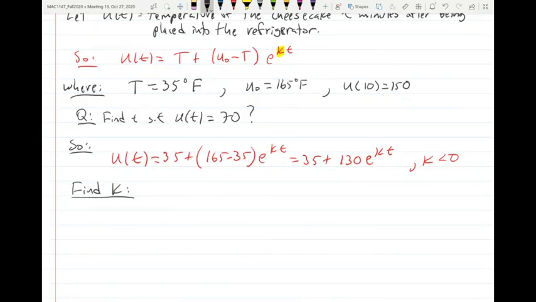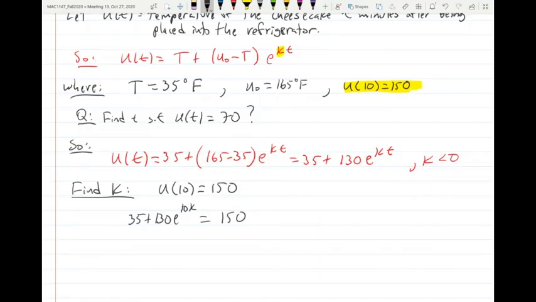To find k, we're going to use, of course, this data point, the fact that if you plug in 10, you get 150. So when t is 10, u is 150, and then we can figure out k. So u of 10 equals 150. On one hand, u of 10 is going to be 35 plus 130 e to the 10k, and this must be equal to 150.